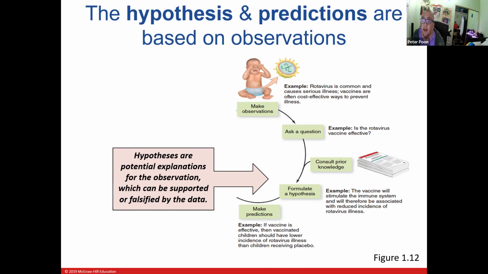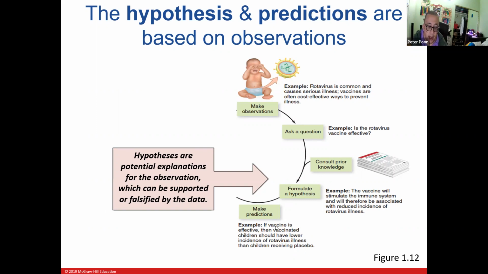For example, the vaccine will stimulate the immune system and therefore be associated with a reduced incidence of coronavirus illness. That is their hypothesis. If the vaccine works, there will be less incidence of coronavirus.